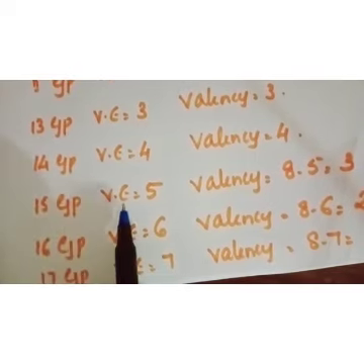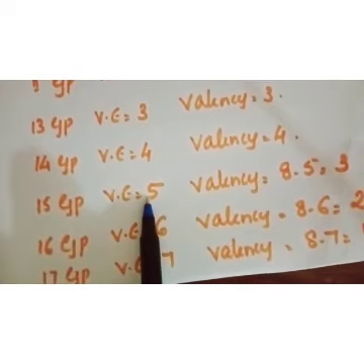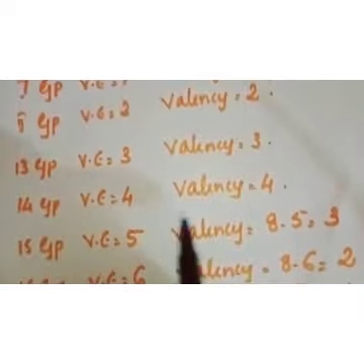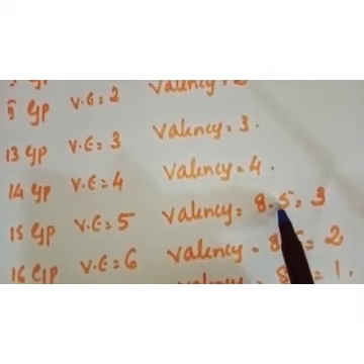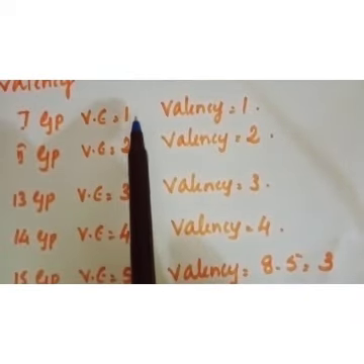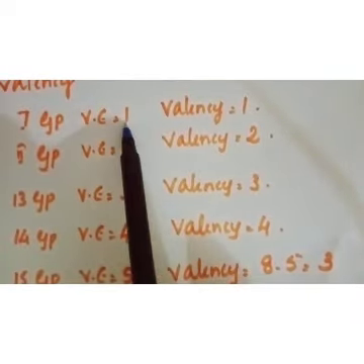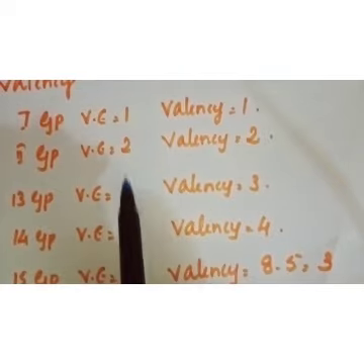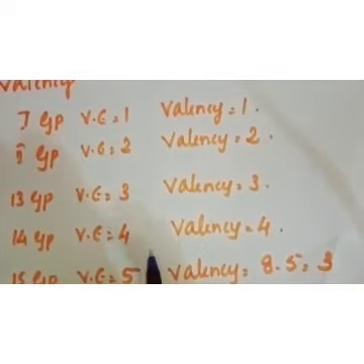But for the 15th group, the valence electrons are 5. Valency will be 8 minus number of valence electrons, that is 8 minus 5, that is 3. That means if the number of valence electrons is 1 to 4, valency will be the same as the valence electrons.